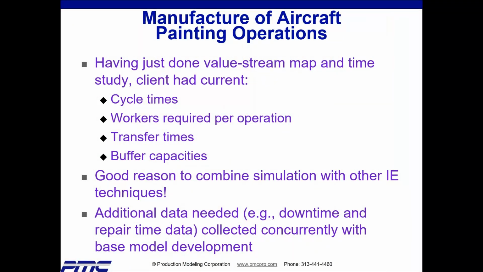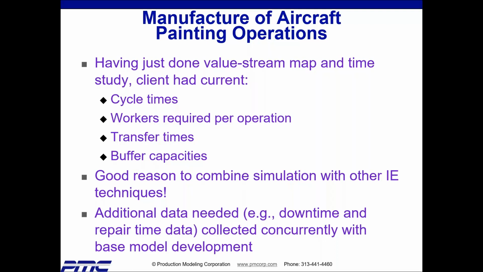Well, a third example, rather a different one. And in this case, our client had a lot of the current data needed. And this particular project was also a good example.